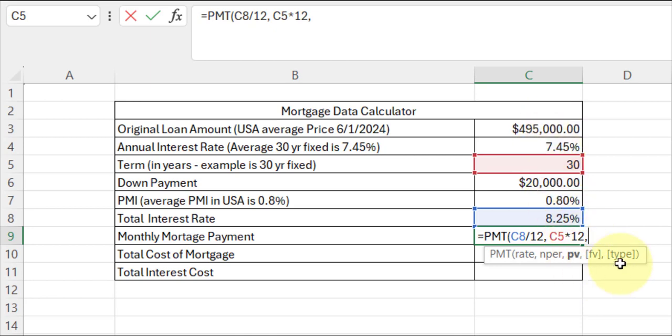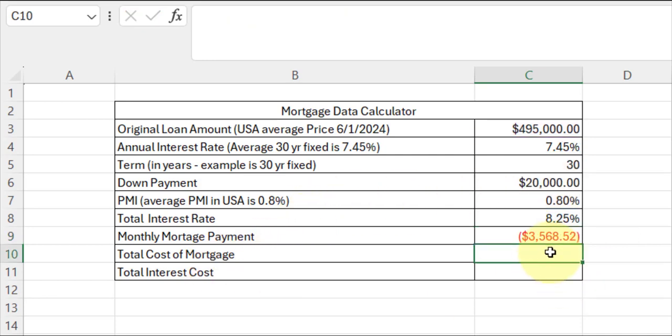So you have to have this minus this. It's $475,000 basically. And then the type, which in this case is at the end of the month. So that's what the 0 is. You have end of the month, first of the month, and 0 is just your regular mortgage.